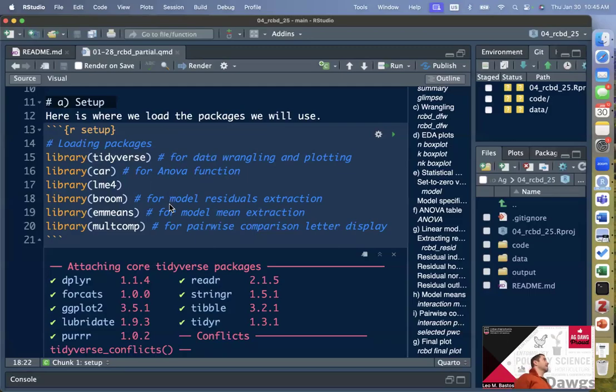So if you remember on that formula that we saw, that e_ijk at the end, that is the residual of the model. So we're going to be extracting those because all the assumptions of a linear model are based on the residuals of the model. And this is also something we'll talk more about later, but sometimes I'm reviewing papers or reading papers where they say, yeah, we check for the raw data normality, and that assumption was met.